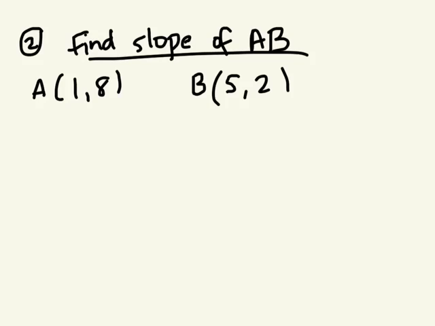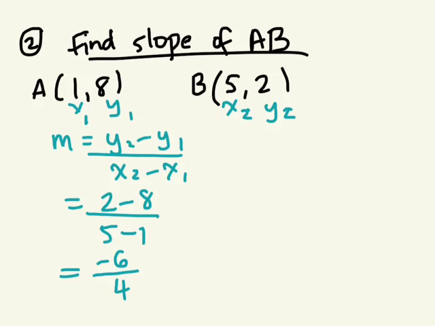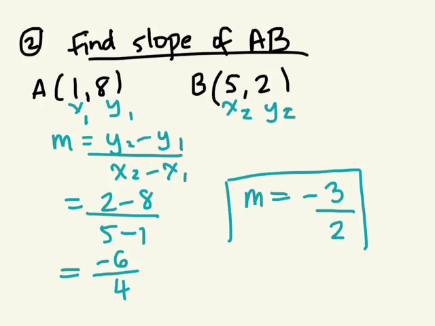Okay, so we can use the slope formula, y2 minus y1 over x2 minus x1. Let's write it in lowest terms, just so it's easier to work with. What's -6/4 in lowest terms? -3/2.